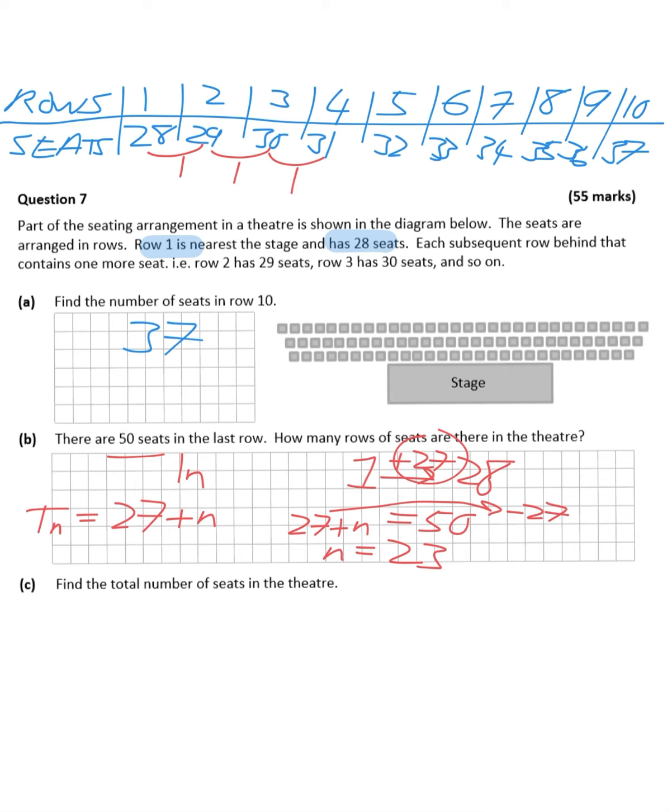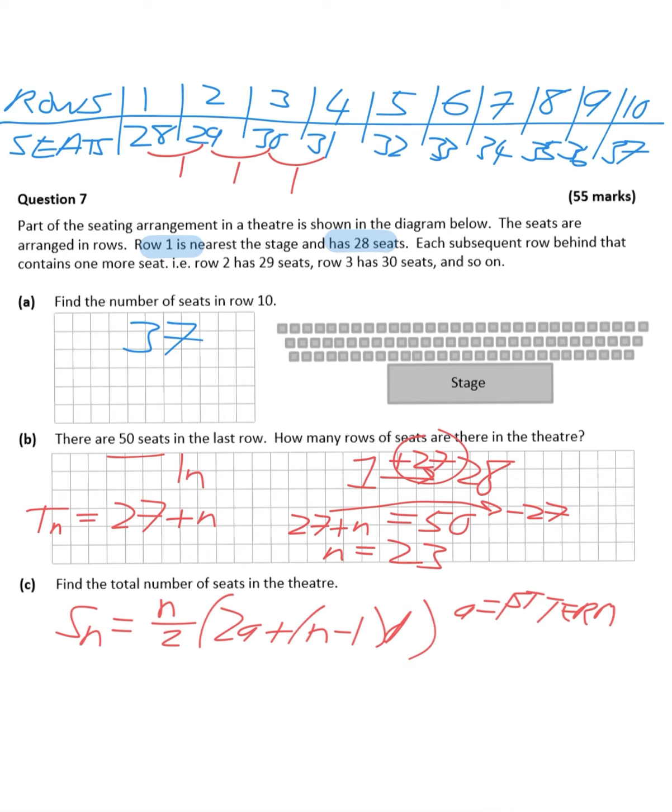Okay, for C then, we need to find the total number of seats in the theatre. For the total number of seats, we're going to use the sum of formula, and the sum of formula, again, is in your logbooks. That's going to be n over 2, 2a plus n minus 1 times the difference. A, remember, is the first term.